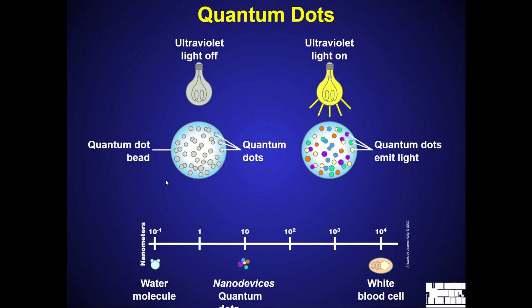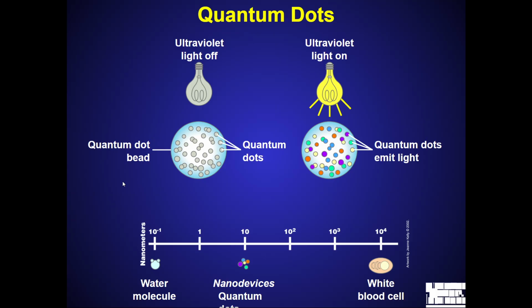Now, quantum dots are like tiny crystals, and they glow when they are stimulated with UV light. The wavelength or color of the light depends on the size of the crystal. Latex beads filled with these crystals can be designed to bind to specific DNA sequences.